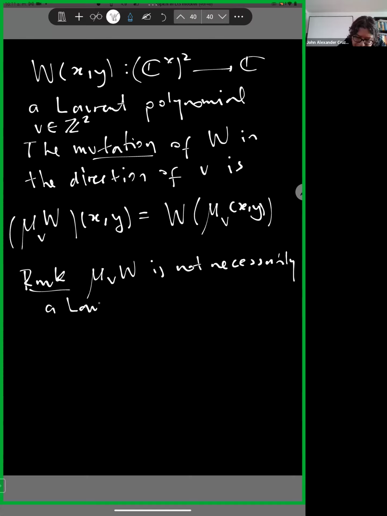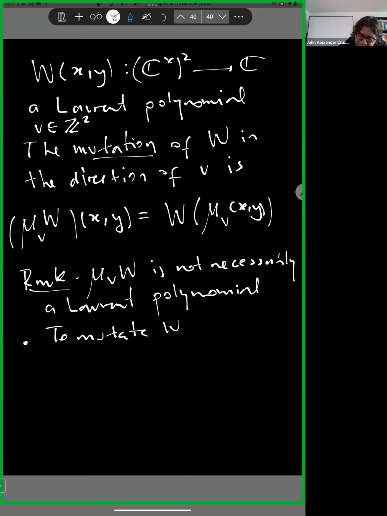It's a rational function, certainly, but a priori there is no reason to consider that it is a Laurent polynomial again. The second remark is that the easiest way to compute this is to see how the mutation acts on monomials.